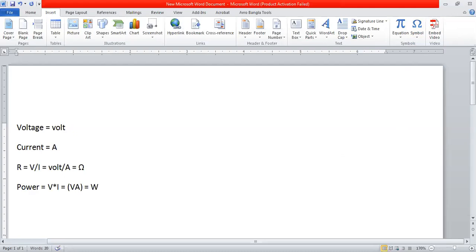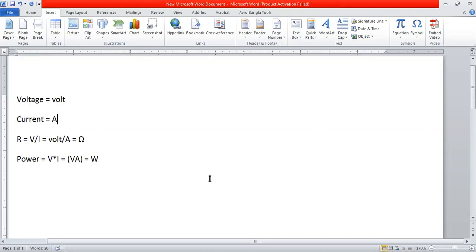So every quantity has a different unit. Voltage has unit volt, current has unit ampere, resistance has unit ohm, and power has unit watt. So per unit calculation means we have to convert the unit of all quantities to a single, same unit.